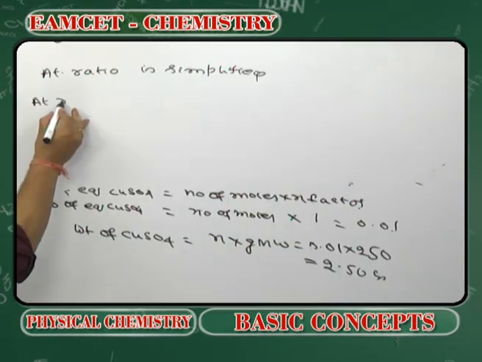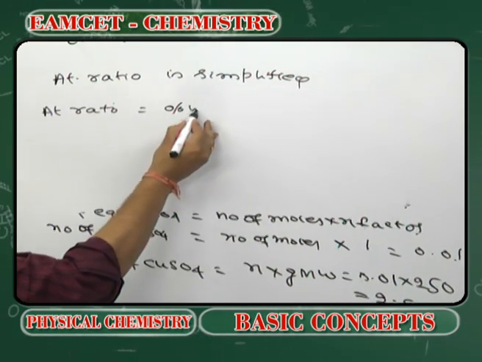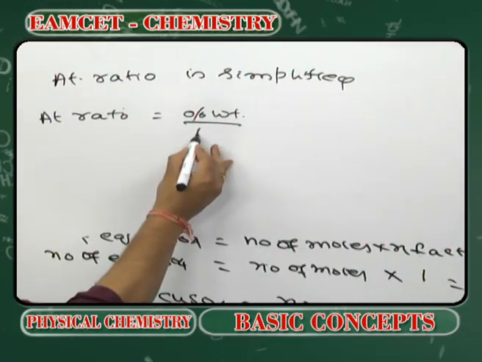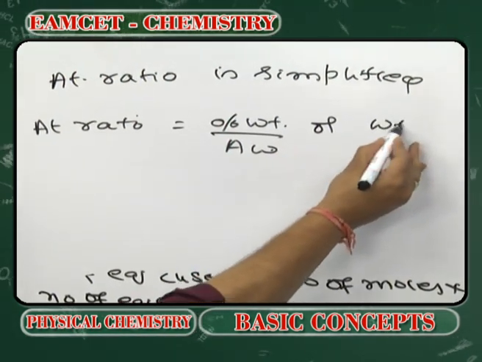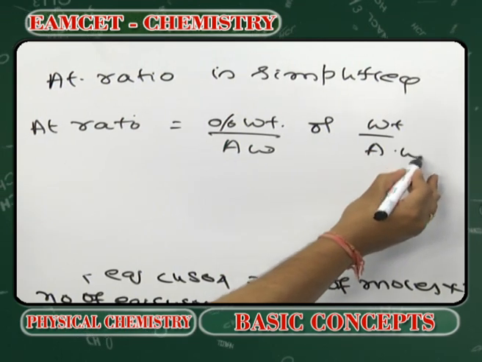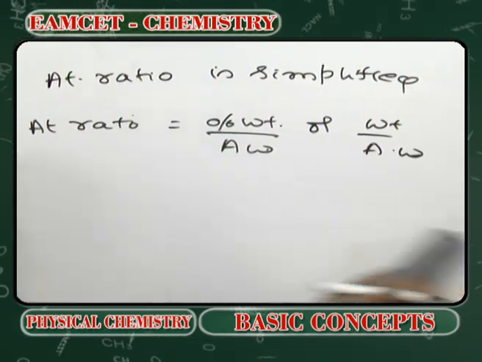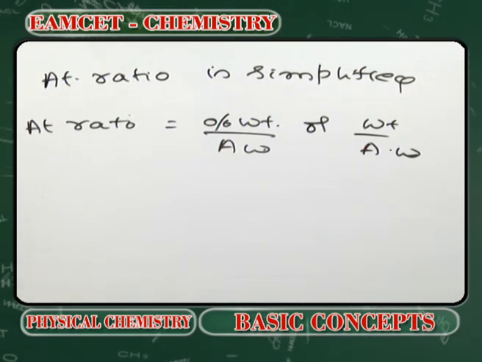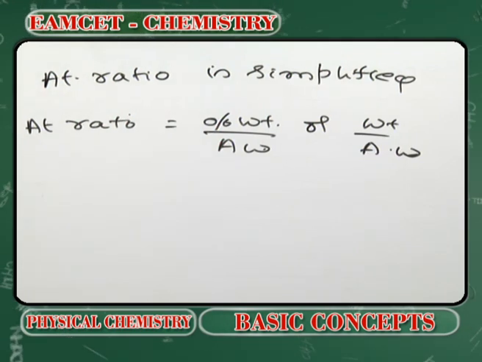How do you get atomic ratio? Percentage weight of the element by atomic weight, or weight of the element by atomic weight. So after getting the atomic ratio, on simplifying it, we'll get the empirical formula.